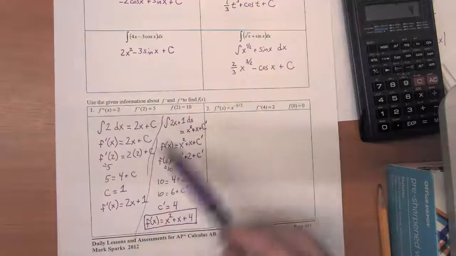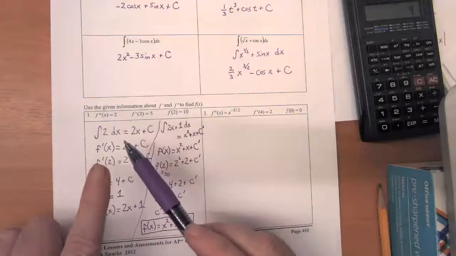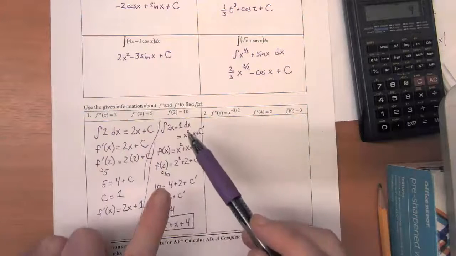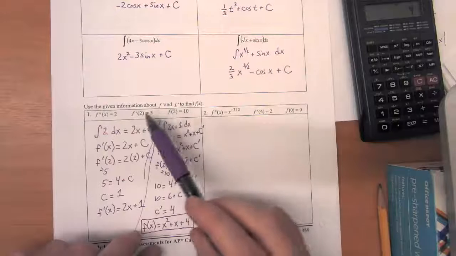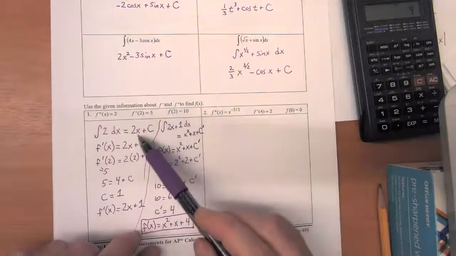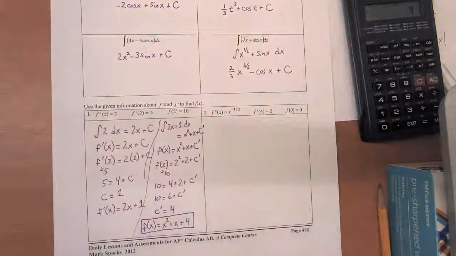Okay, so we did that by finding the antiderivatives of the second derivative and then later of the first derivative, and then plugging in the one condition that we knew in order to find out what our constant value had to be in order for that to happen.